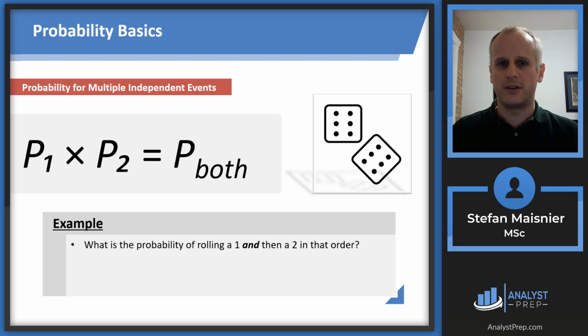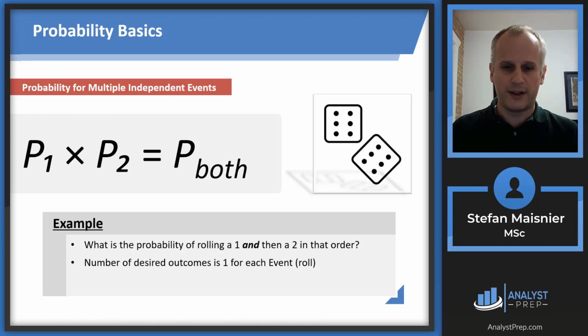The way that you could consider the operation here is if you are being asked for the probability of this and that, you always have to multiply the two probabilities. The number of desired outcomes is going to be 1 for each event, the roll as it were here. If we're considering just one roll of one of these six-sided die, the probability of rolling a 1 is going to be 1 out of 6 for the first roll.